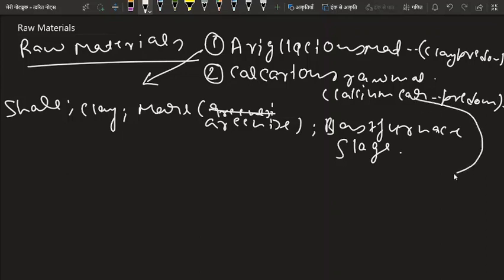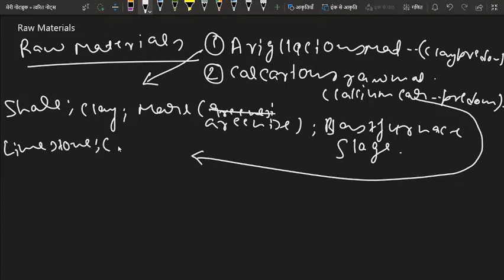And calcareous raw material contains limestone, chalk, and marine shell. Okay, so argillaceous materials contain shale, clay, marl, blast furnace slag, and calcareous raw material contains limestone, chalk, and marine shell.